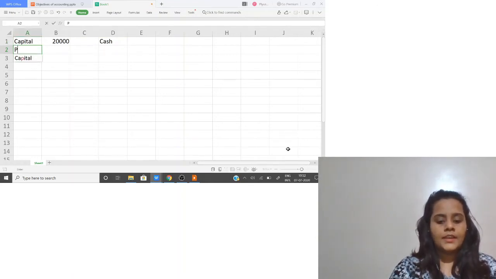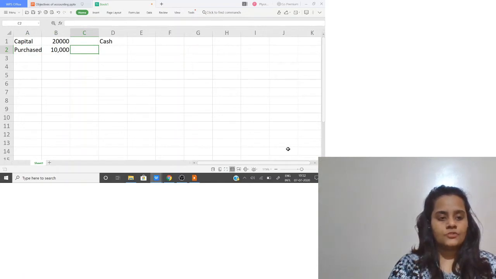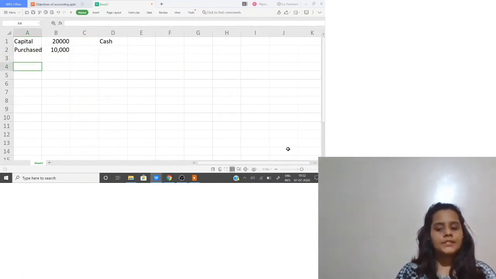Then say I have purchased goods worth 10,000 rupees with cash. So these are two transactions that I have done so far with respect to my business.